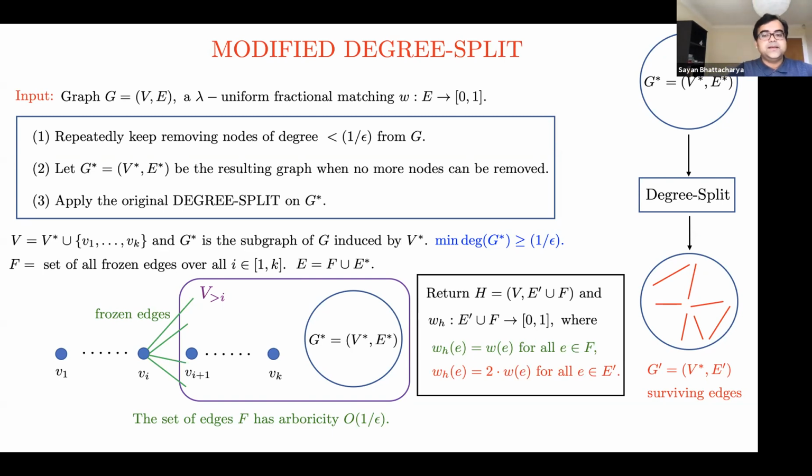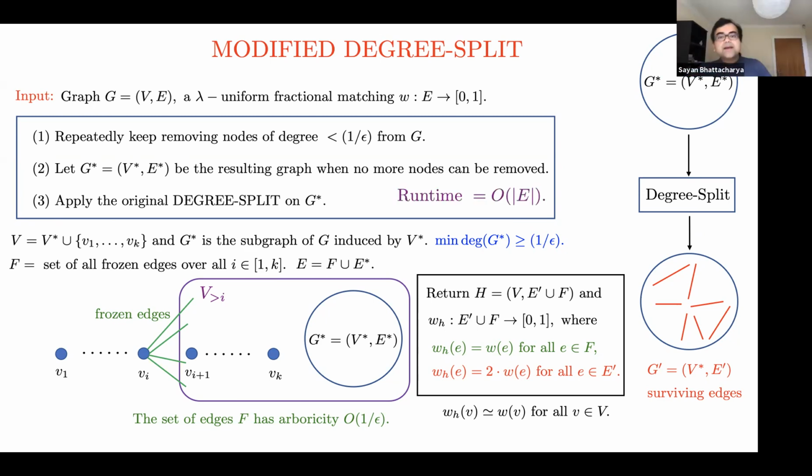The same thing is happening here. And if you stare at this entire slide for a while, you will realize that the output fractional matching again has this nice property that it preserves the weights of every node, because of the property of the degree split, and the frozen edges' weights remain unchanged.